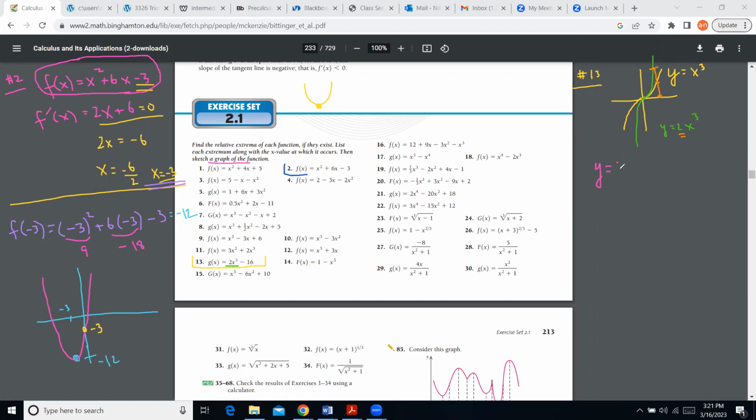Then when I finish with the graphing, when I subtract 16 from this cubic term, the graph just goes down by 16 units and looks just like that.